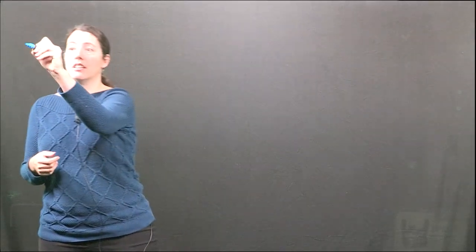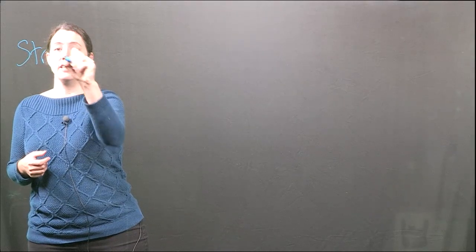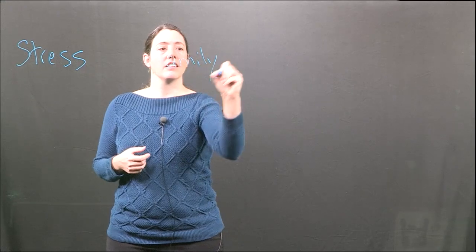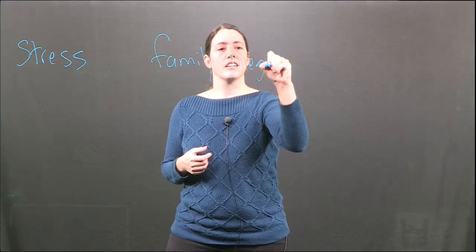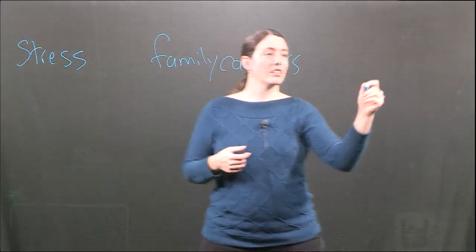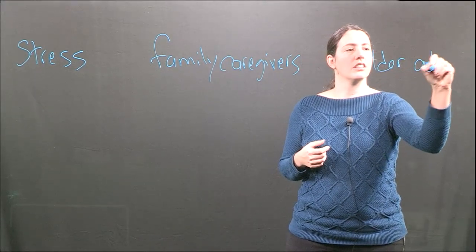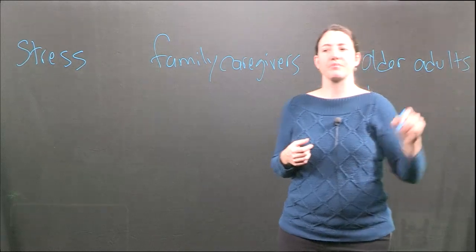So for our example topic, which is relieving stress on family caregivers of older adults, I'd have three main concepts within that topic, and that would be stress, family caregivers, and older adults.